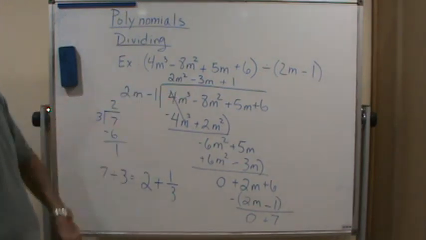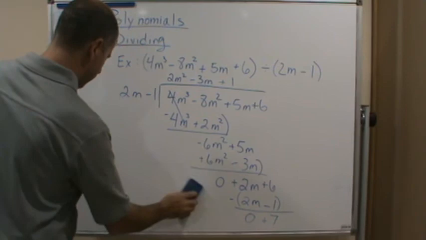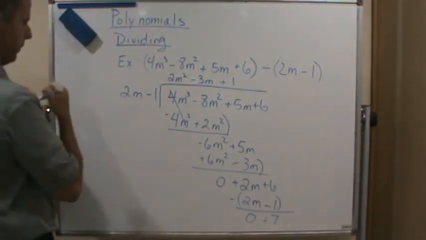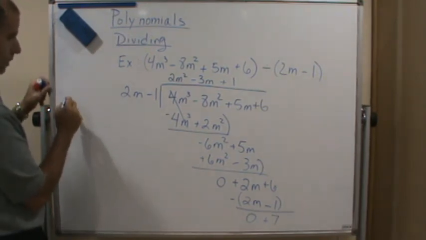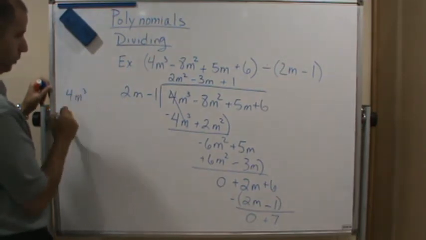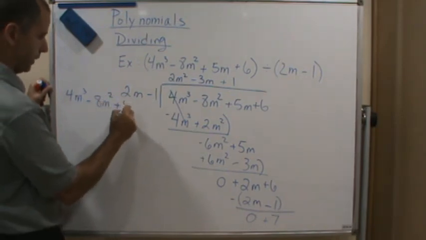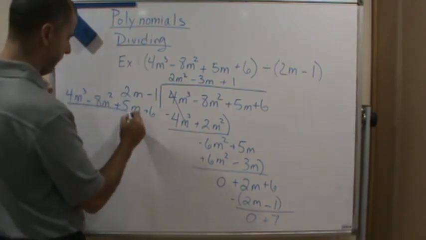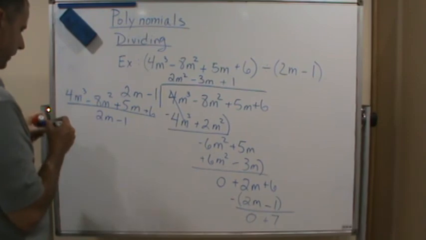So let's write this answer the same way. So what's the final answer? So let me write these pieces down. So we get 4m cubed minus 8m squared plus 5m plus 6 divided by 2m minus 1.